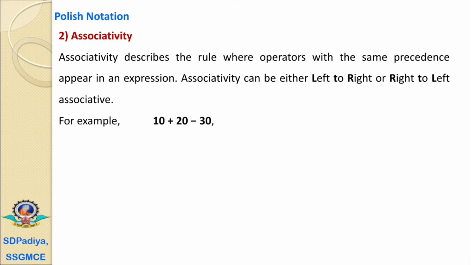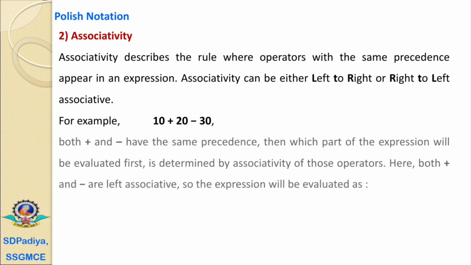For example, if we have the expression 10 plus 20 minus 30, now we can check the addition and subtraction. These two operations have the same precedence. Both the plus and minus have the same precedence. Then which part of the expression will be evaluated first is determined by the associativity of those operators.